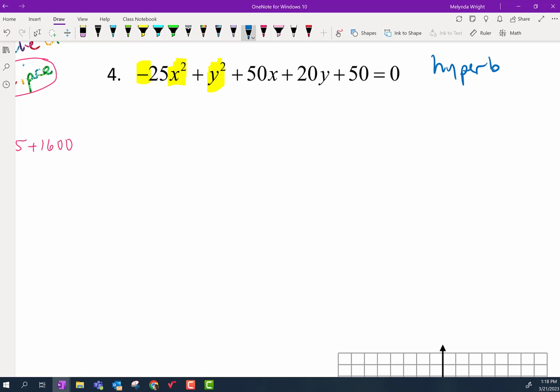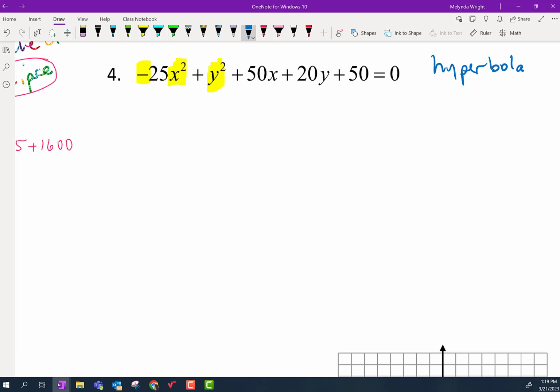This is a hyperbola. And with hyperbolas, it's the second fraction that's negative, right? Not the first one. So when I rearrange these variables, I need to be sure that I'm putting the x one second, because that's the subtracted one, right? That's a minus 25.